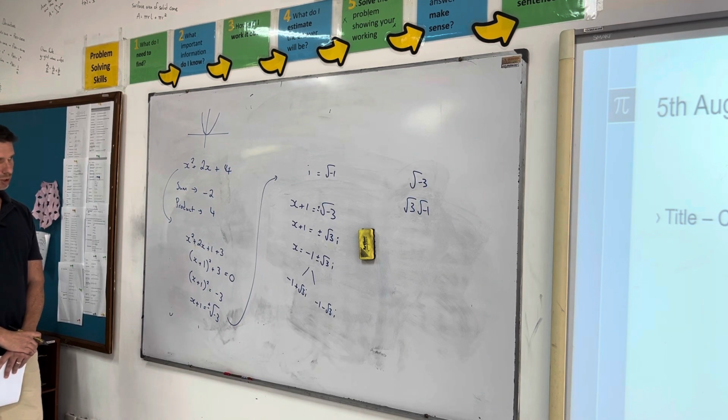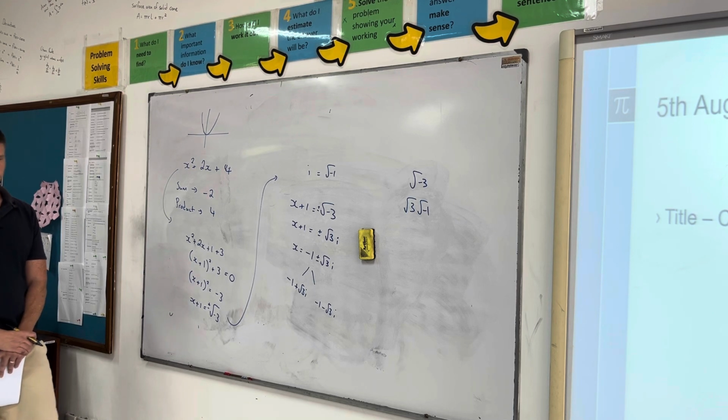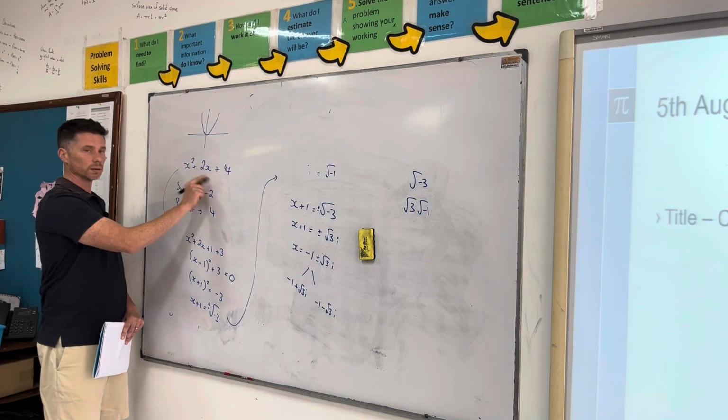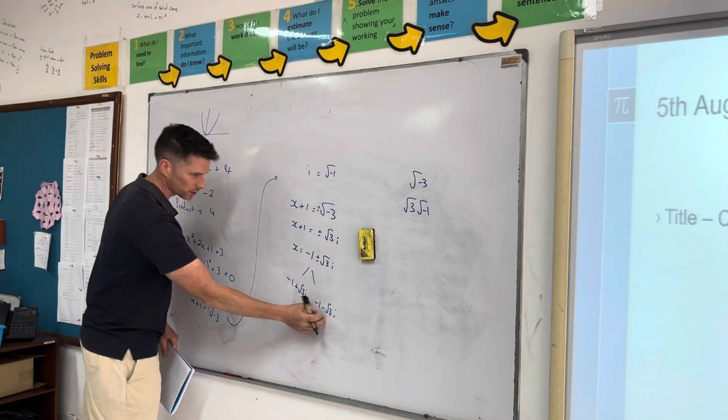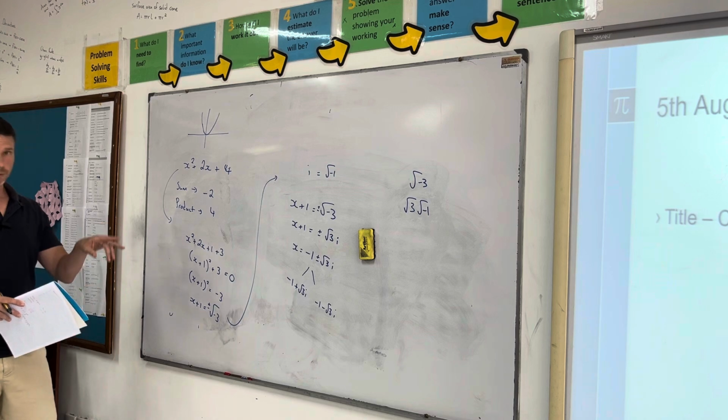So if I multiply these together, what do I expect to get? The product? If I multiply these two things together. If I multiply it in a certain way, yes.